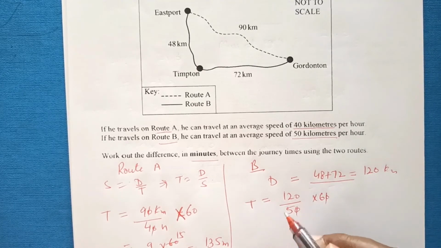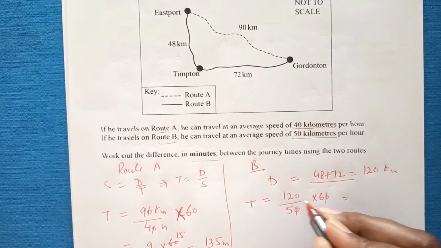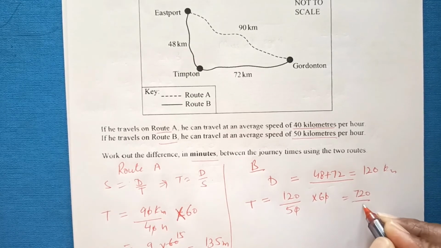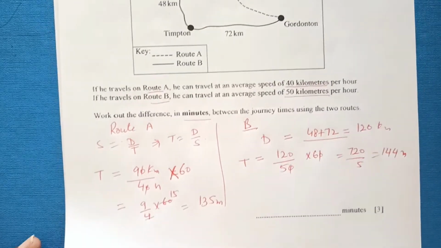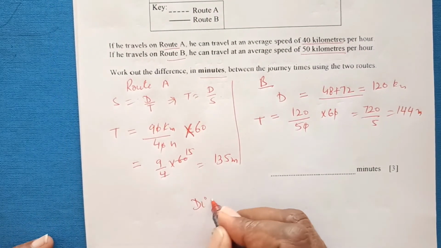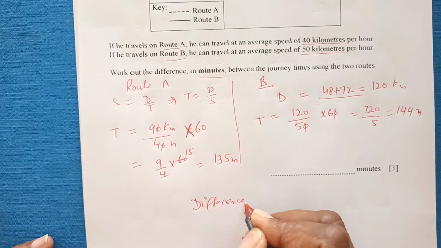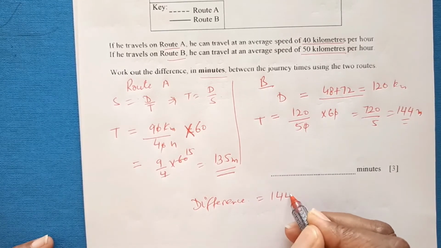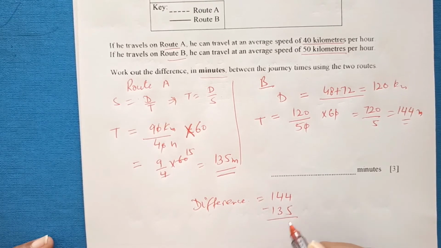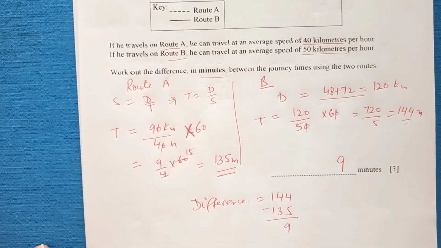So we can calculate this also. 12 times, 720 divided by 5, it is 144. So now we need the difference. The difference in both times, this is 135, 144. 144 minus 135. So it is 9 minutes.